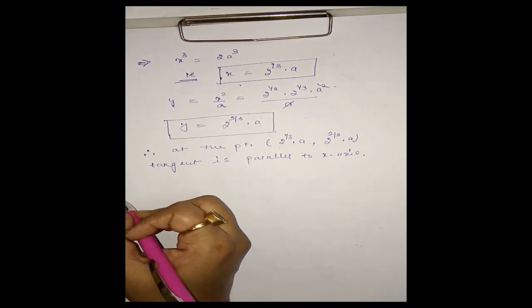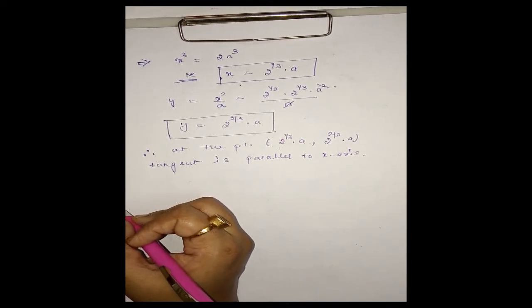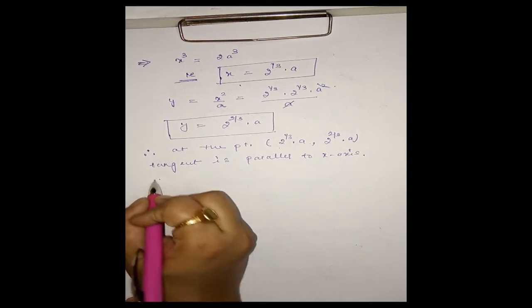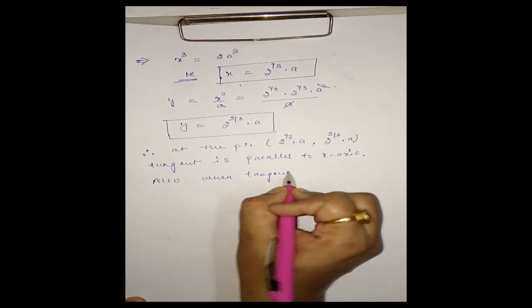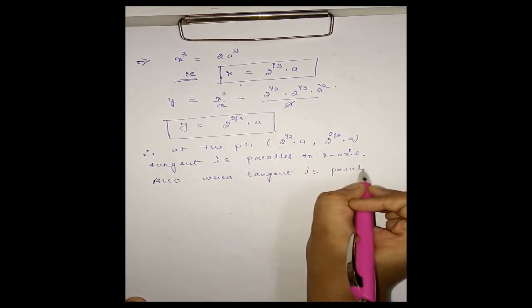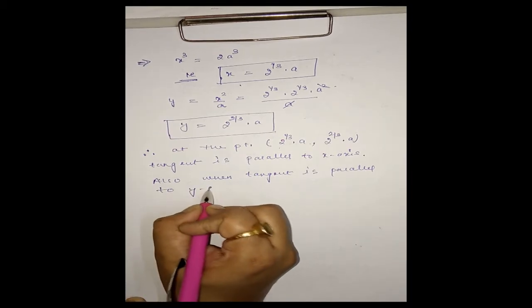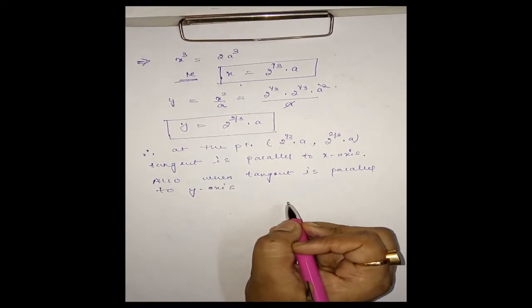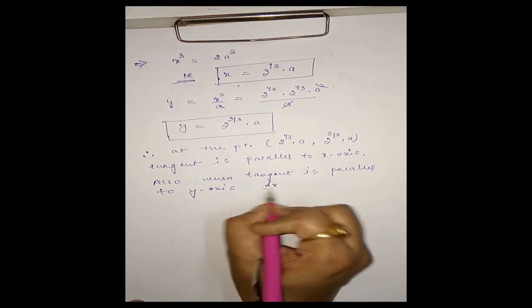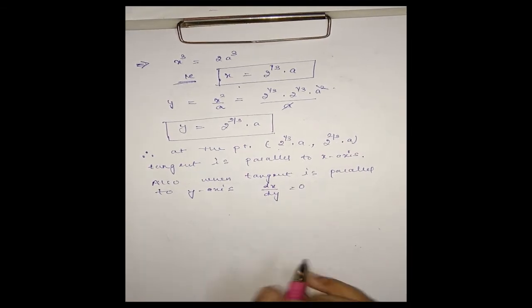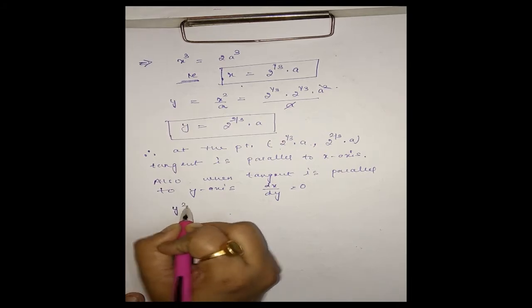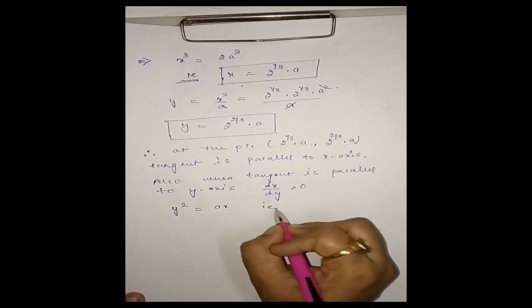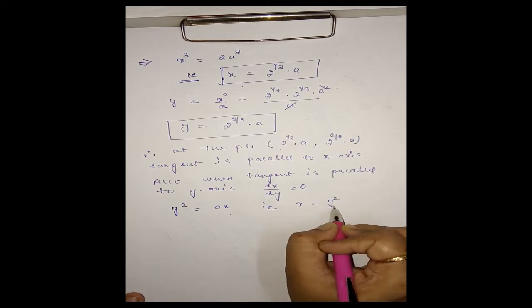Also when the tangent is parallel to the y-axis, dx/dy is 0. Okay, therefore dx/dy is 0 will give us y² = ax, that is x = y²/a.